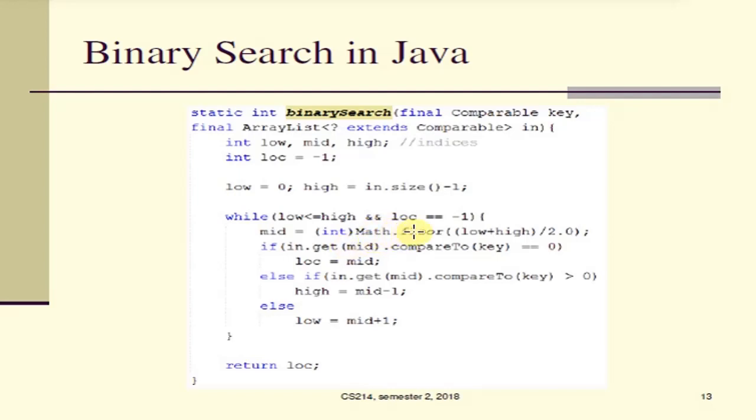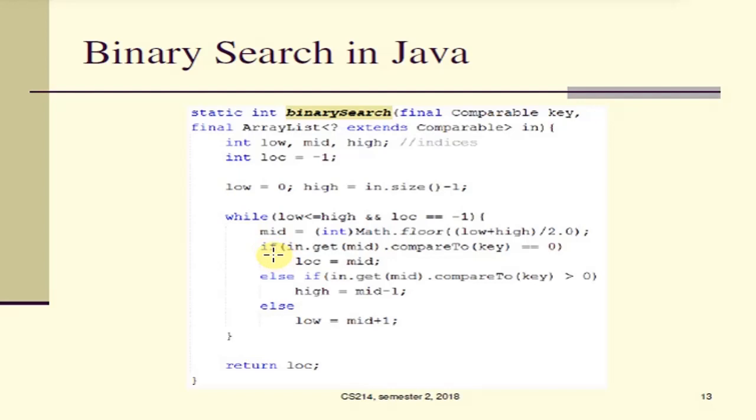We're going to take the floor, right? So not rounding off, not rounding up, but this is rounding down. Okay, so for example, if we get an answer such as 5.5, we're not going to round it off to 6, we're going to round it off to 5. Anyway, so mid value has been found.